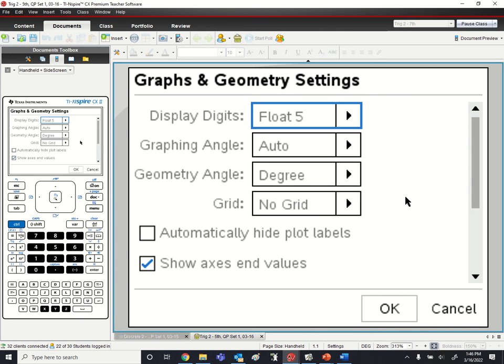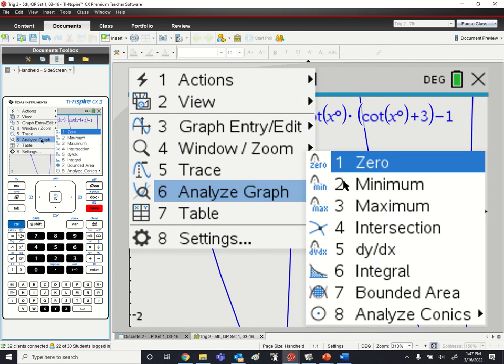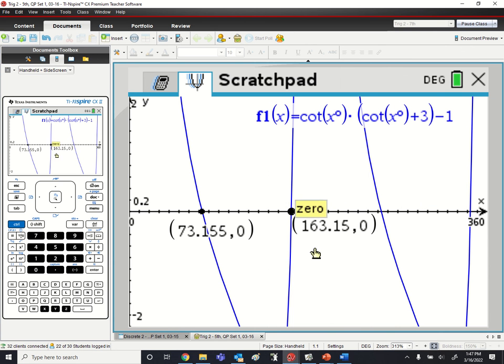Menu, settings, and then change this to float 5 or 6. Hit OK. Now if you notice on mine here, I have 73.155. So there's 5 digits there now. That's what that means. I want to see 5 digits. I'm going to do the next one. Menu, analyze, 0. Again, 5 digits there.